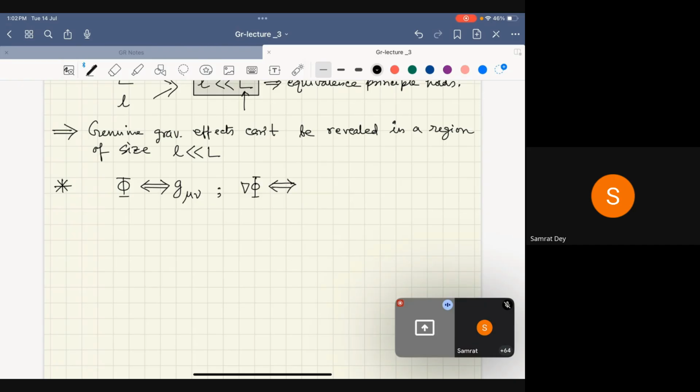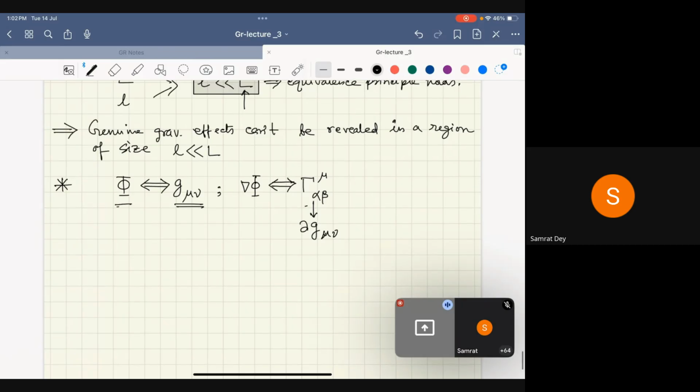That is already known from our definition of the Christoffel symbol, because gamma mu alpha beta contains the derivative of the metric. Therefore, if the metric is equivalent to the gravitational potential, then gamma mu alpha beta is equivalent to the gradient of phi, which is nothing but acceleration, which is clear from our geodesic equation.